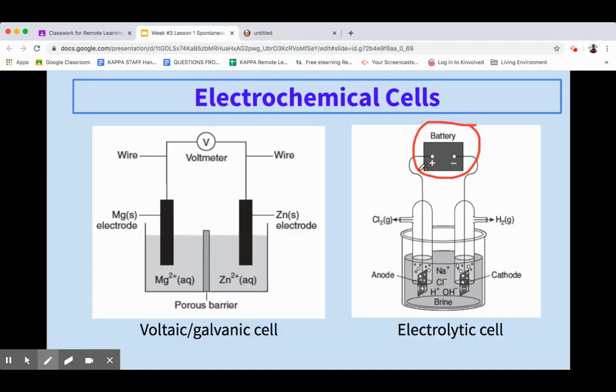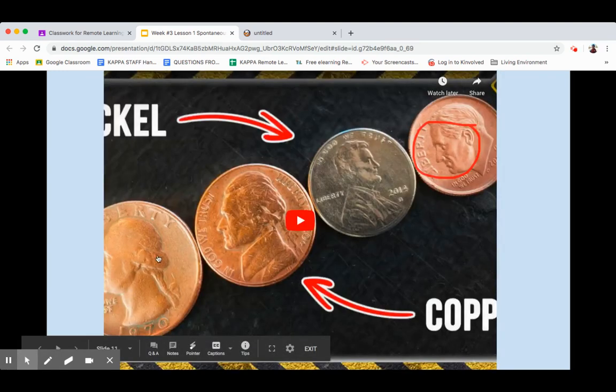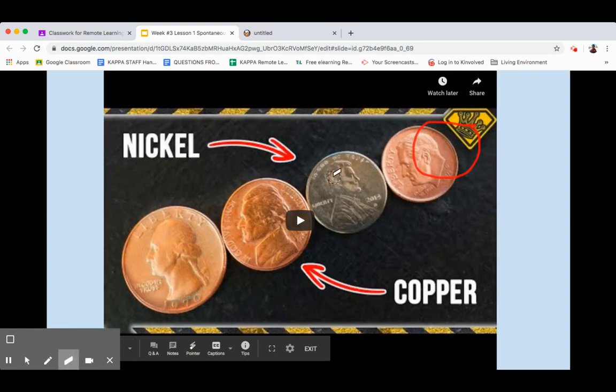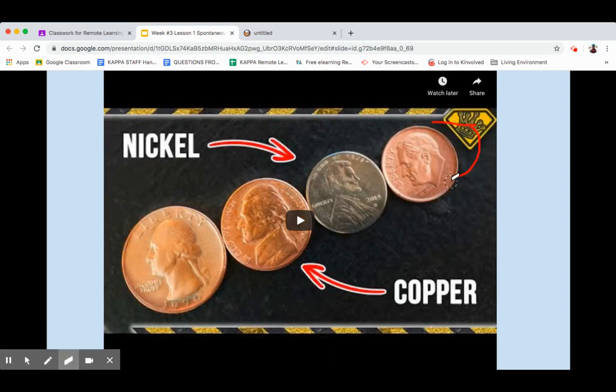Well, this is the energy that is used for non-spontaneous reactions. So where do we see non-spontaneous reactions? We're going to watch a quick video that shows what they look like.